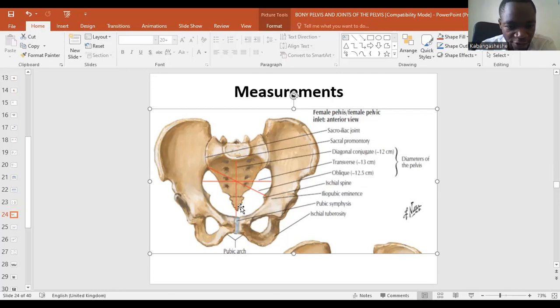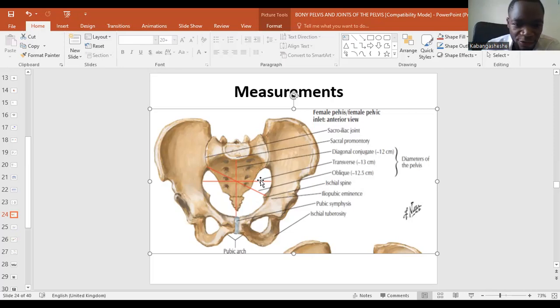Therefore, during labor, when the baby wants to pass through the birth canal, the head turns so that the occiput is here and the forehead there, facing the direction of the transverse diameter, because that is the widest diameter on the inlet.